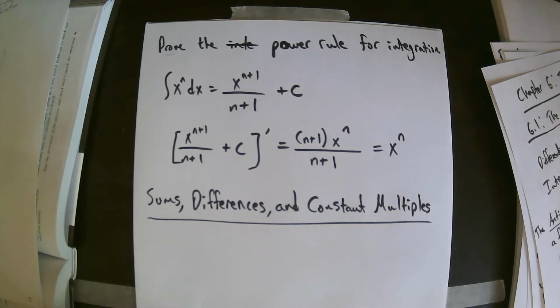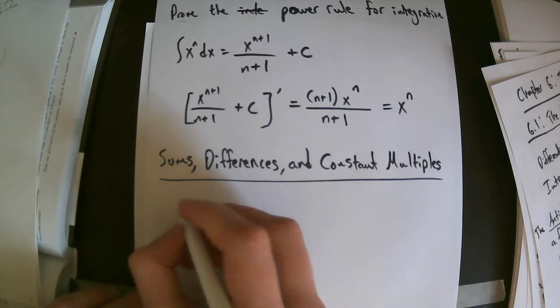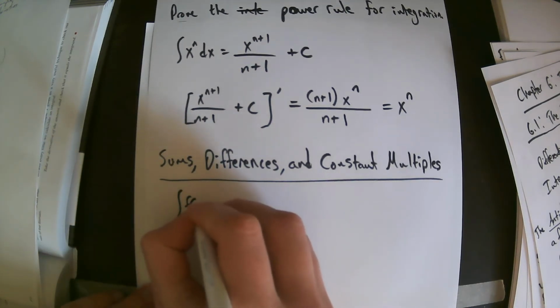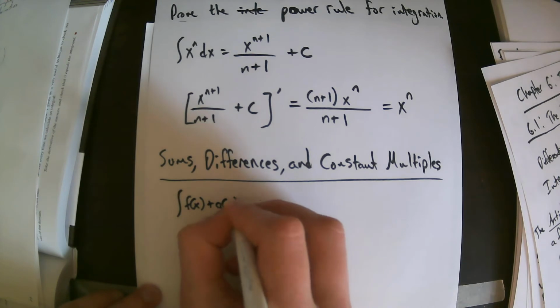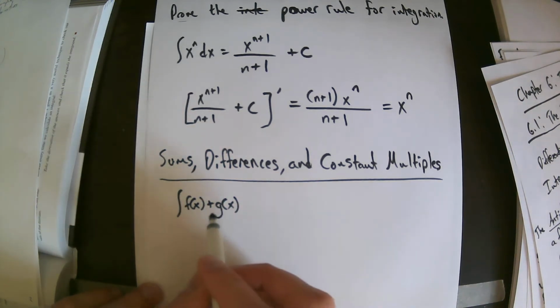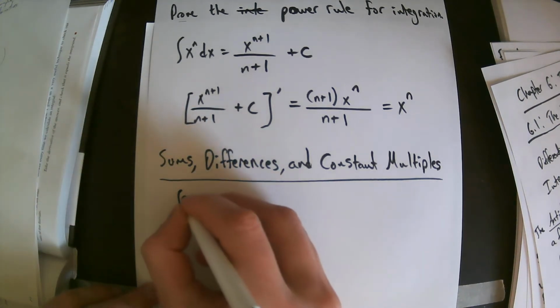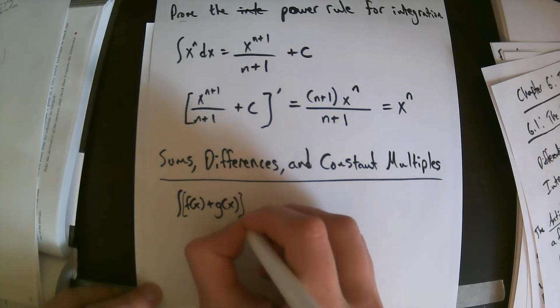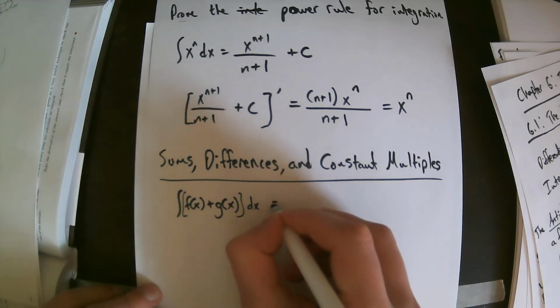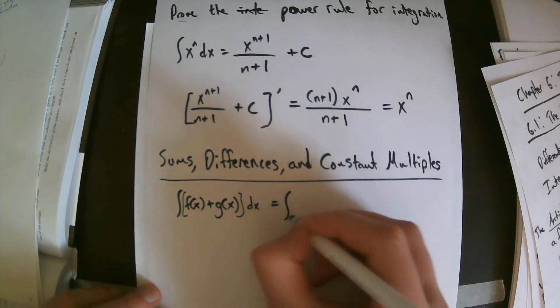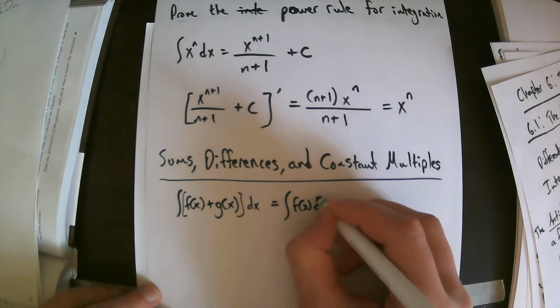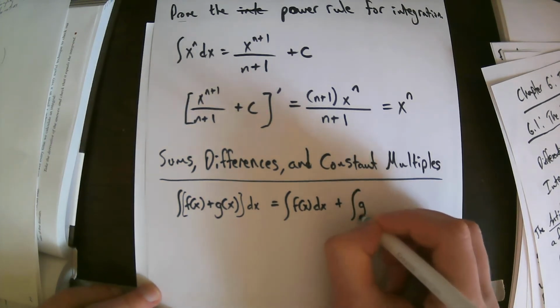If I ask you to take the derivative of x squared plus 2x, then you just take the derivative of each term individually. And that's exactly how integration is going to work. If you've got the sum of two functions of x, it could just be like e to the x plus 2x or something like that, then that's the same as each integral separate: integral of f of x dx plus integral of g of x dx.